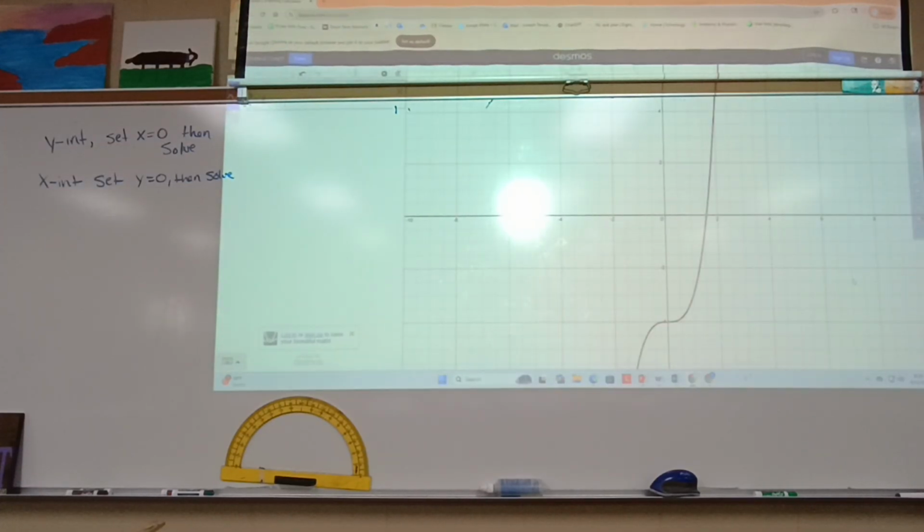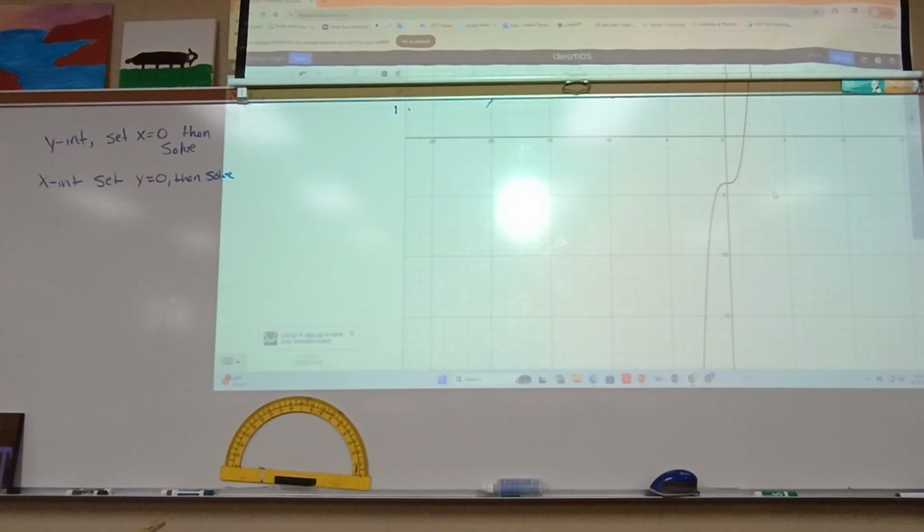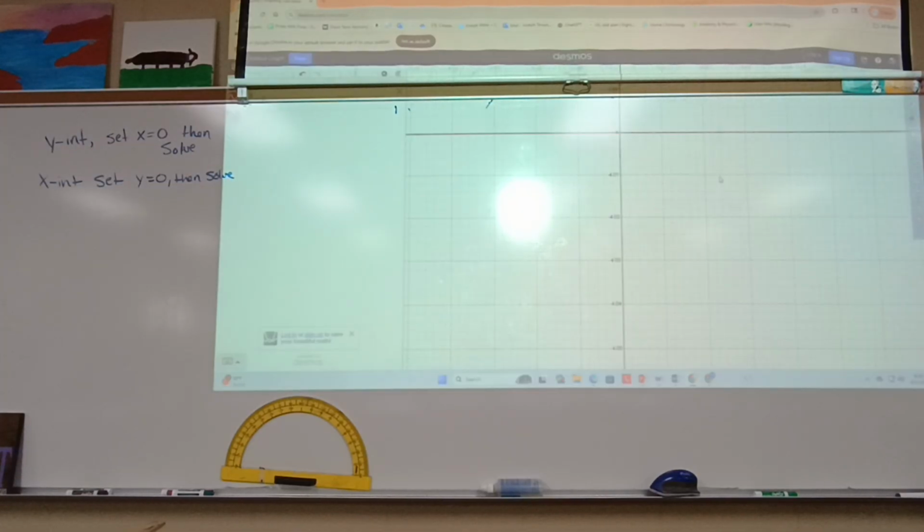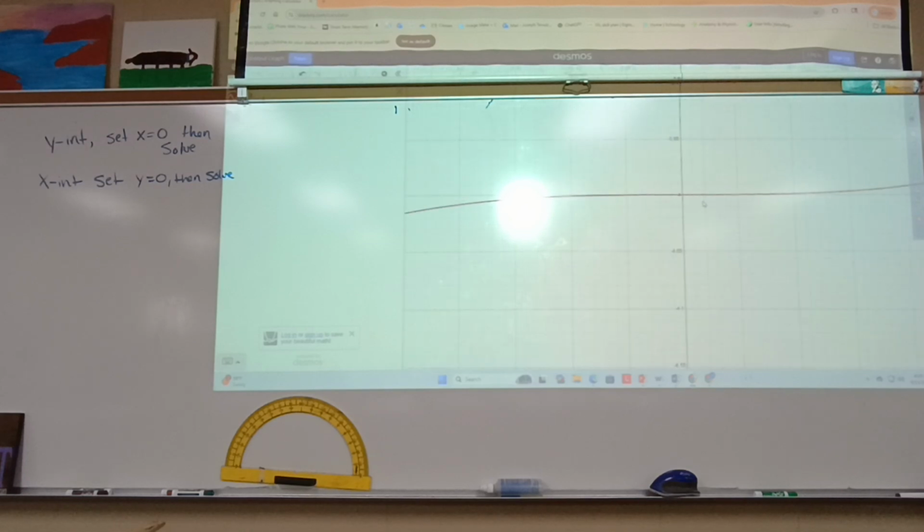Is that one 1 to 1? This one is. I know right there it looks like, if I zoom in really, really close, it's not. But it is 1 to 1 because x to the 3rd is. Anyway, x cubed is definitely 1 to 1.